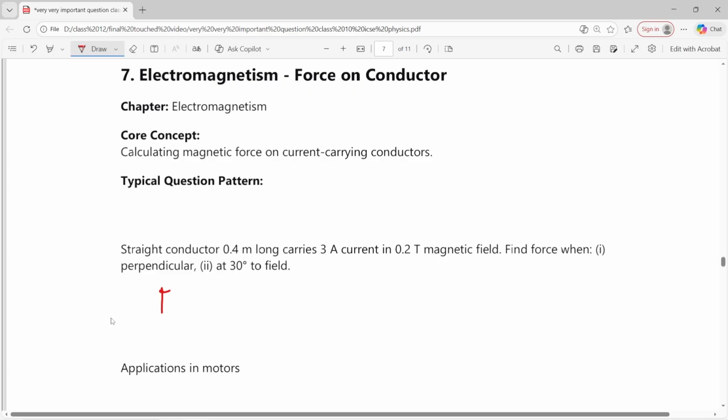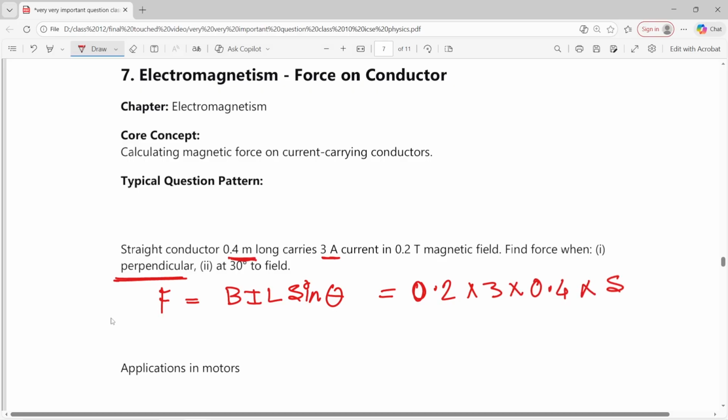So you calculate force equal to B I L sine theta. Theta is given as perpendicular, so obviously 90 degrees. So B magnetic field is 0.2 Tesla, I is 3 ampere current, and L length is 0.4 meter, and sine 90 degrees.